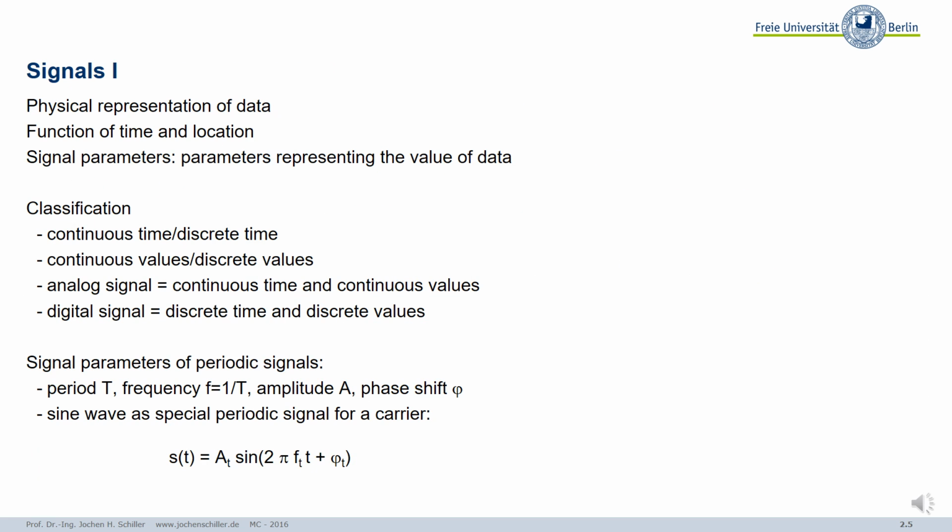Okay, so to start with the basics, now we know we have certain frequencies we can operate on. But what is this electromagnetic wave? So in the end, as you hopefully have learned in telematics, we have to represent data. So somehow we have our ones and our zeros, and we have to translate them into something we can transmit in the end over the air.